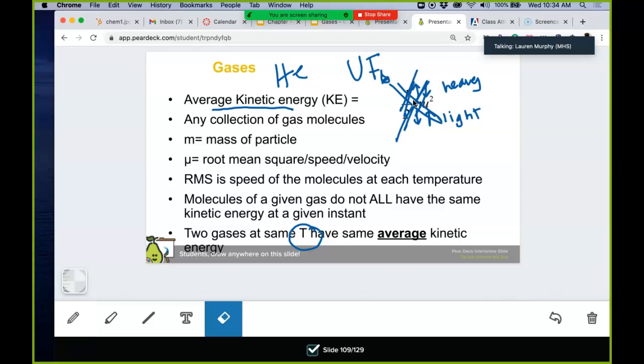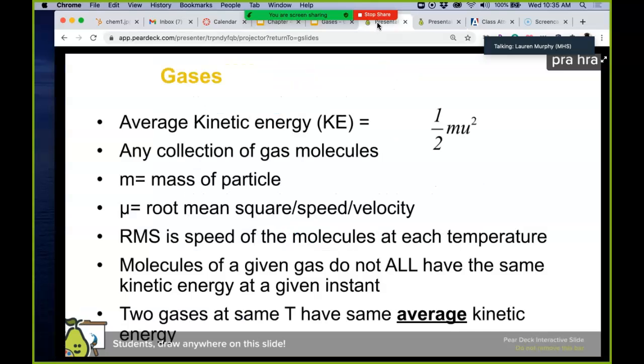You go, but how is that possible? Because the helium's lighter. Well, yeah, its mass is smaller, but that means it moves faster. And you go, well, how's that possible though? Uranium's heavier. Well, yeah, its mass is bigger, but it moves slower. So if they're at the same temperature, on average, they have the same amount of energy.